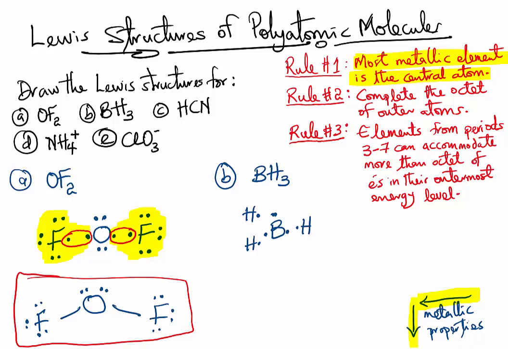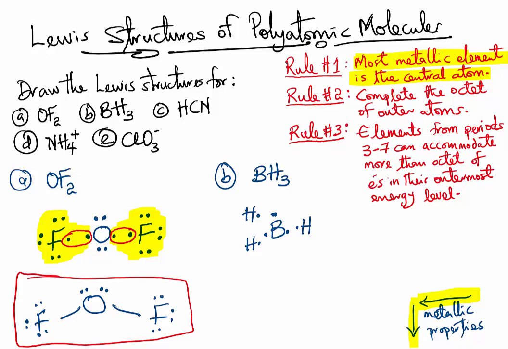Let us now obey rule number 2. We should complete the octet of outer atoms. In the case of hydrogen, we cannot have an octet. We can only have a duet, which means 2 electrons, because hydrogen can only accommodate a maximum of 2 electrons in its valence.